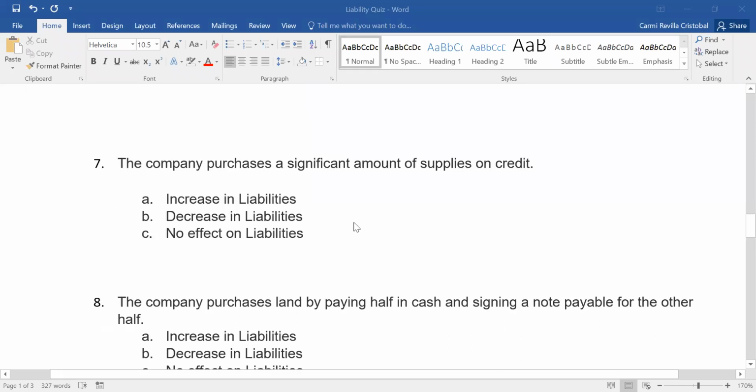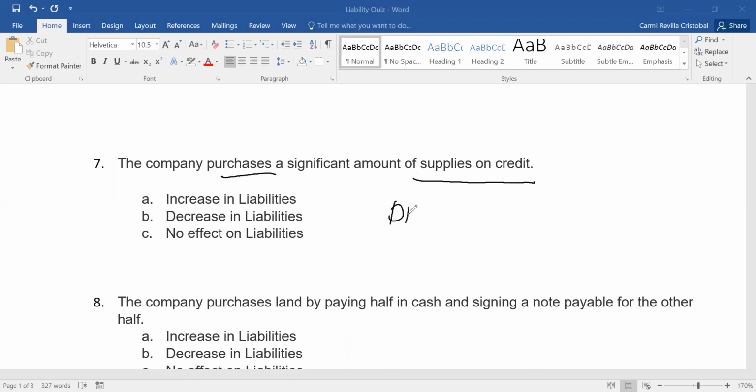Number 7. Okay. The company purchases a significant amount of supplies on credit. Okay, purchase. Meaning we are going to receive supplies, right? Okay, so what we're gonna do, you are going to debit your supplies or inventory.